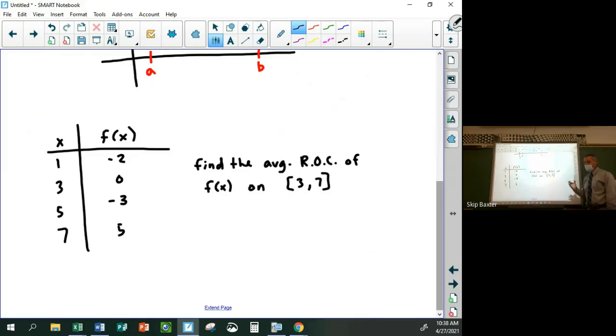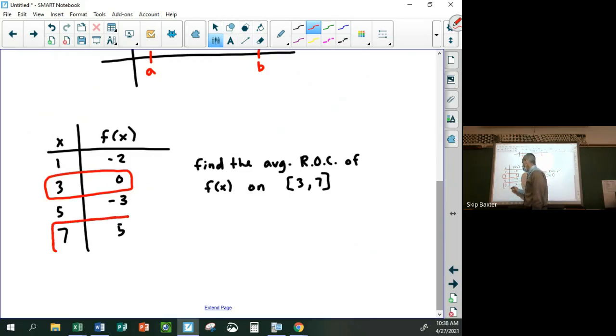So you have to pick and choose which lines of the table you're actually going to look at. In this case, I'm going to look at the line dealing with x equals 3 and the line dealing with x equals 7. All I'm going to do is subtract the y's and subtract the x's. Think of this as 2 points that they're giving us, 3, 0 and 7, 5.